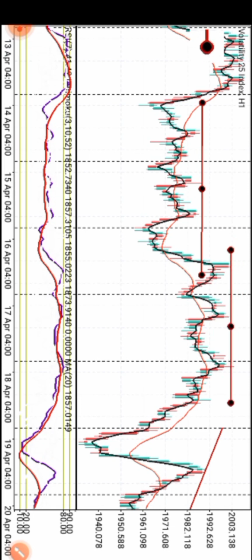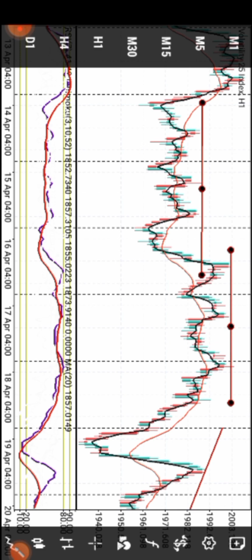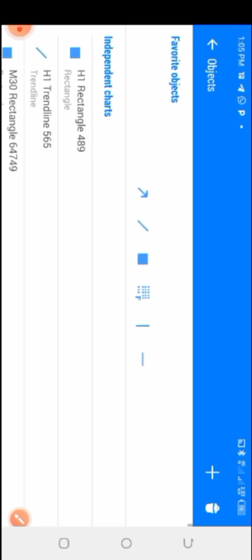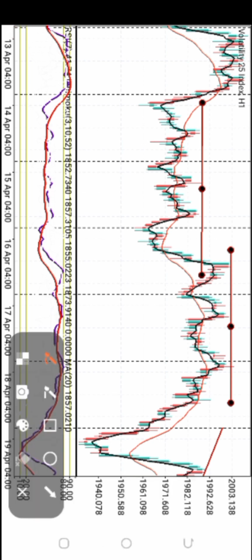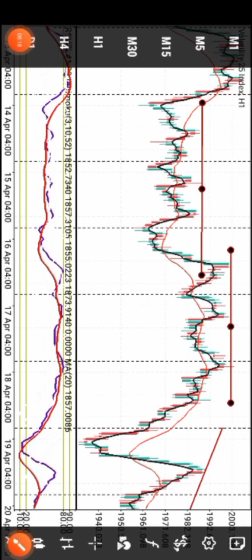So this becomes 1, 2. Then when the second is taken out, that forms what we are calling the third drive. This is the third drive, and this one will give us the third high.